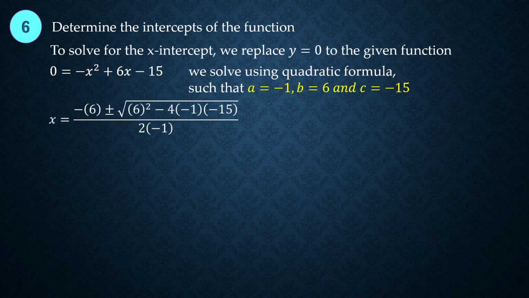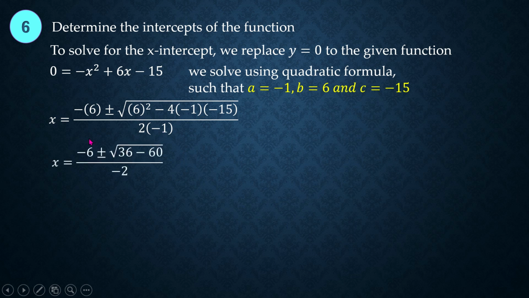The quadratic formula is x equals negative b plus minus the square root of b squared minus 4 times a times c, over 2 times a. So substitute the values of a, b, and c. We have x equals the negative of b, so negative of 6 plus minus the square root of 6 squared minus 4 times a, which is negative 1, times c, negative 15, over 2 times a, 2 times negative 1.